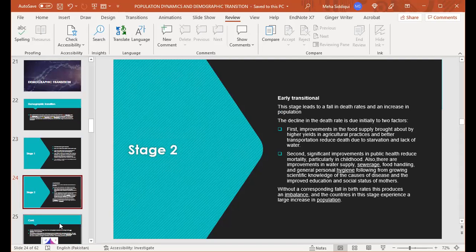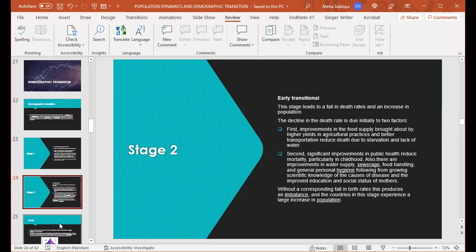Then coming to stage two, this is called early transitional. This stage leads to a fall in death rates and an increase in population. The decline in death rate is due to initially two factors. Firstly, improvements in the food supply brought about by higher yields in agricultural practices and better transportation, reduced deaths due to starvation and lack of water.